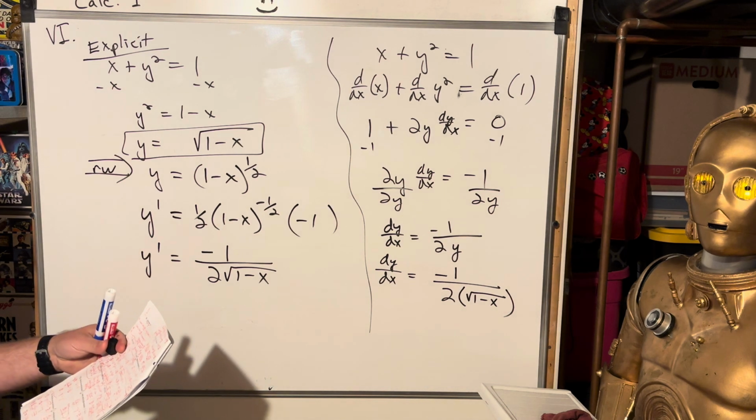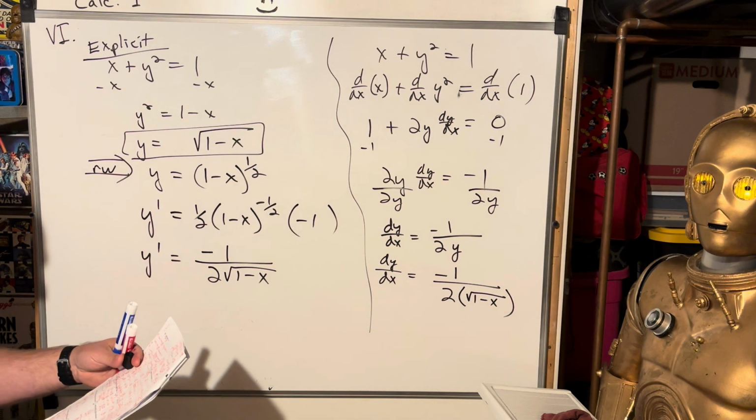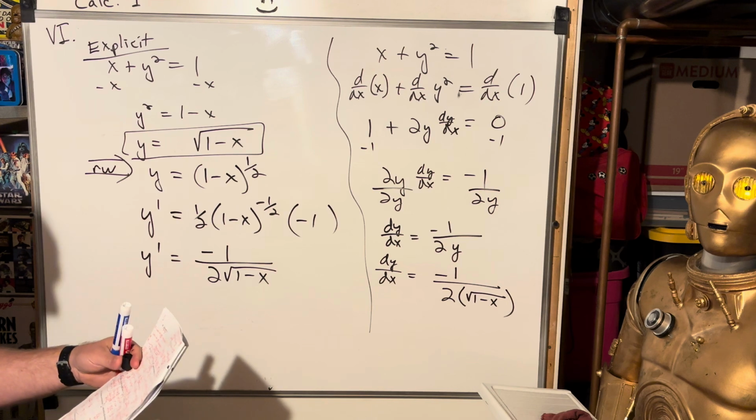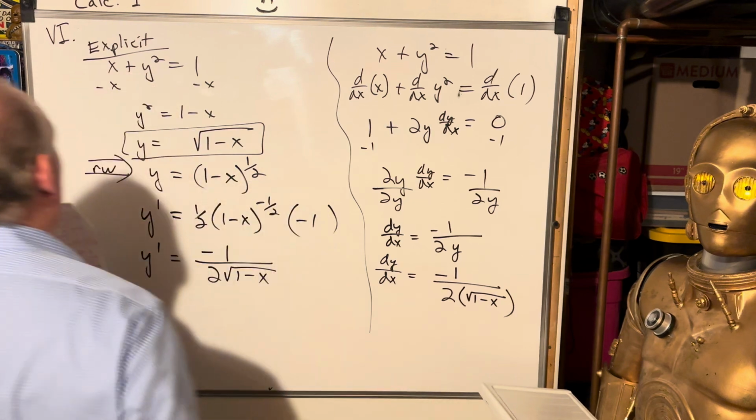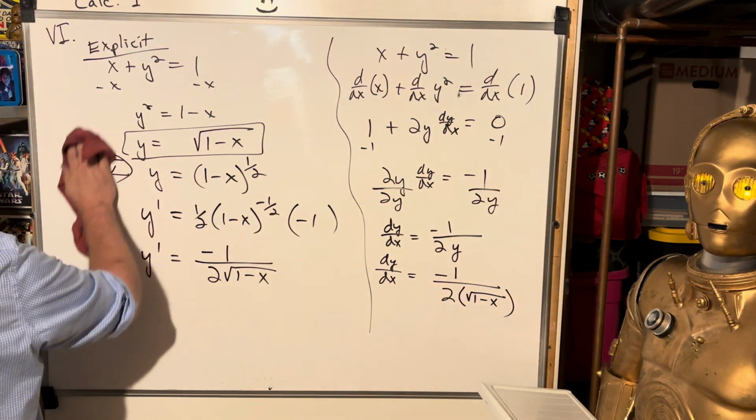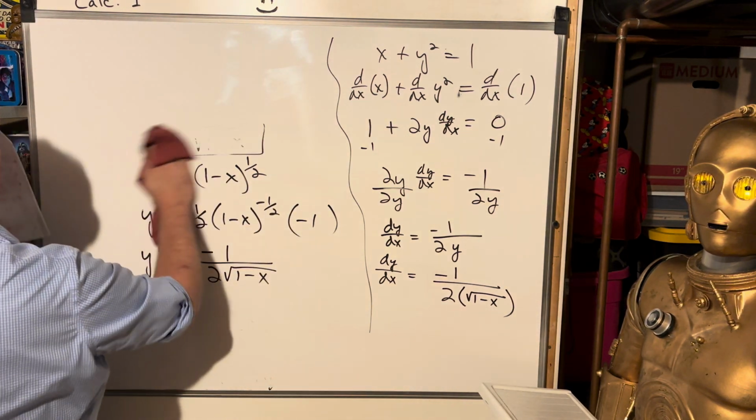Okay, find the slope of the tangent line given that at 0.5, comma 0.2. Oh boy. So let's take a look at number 7 and 8 and 9.